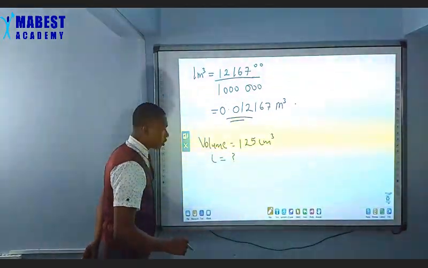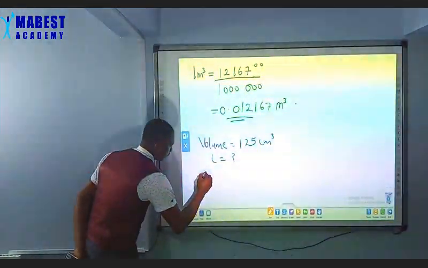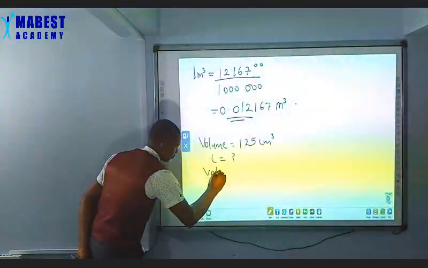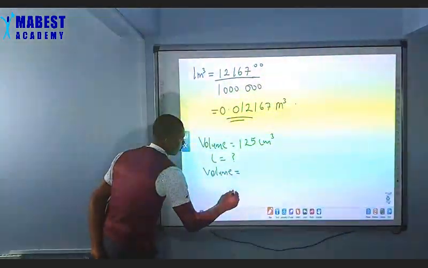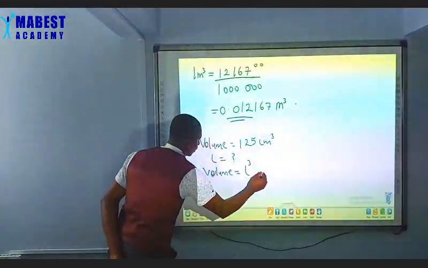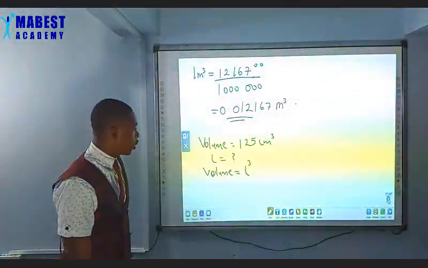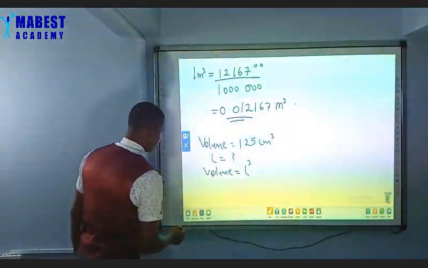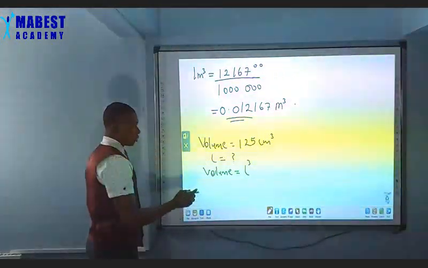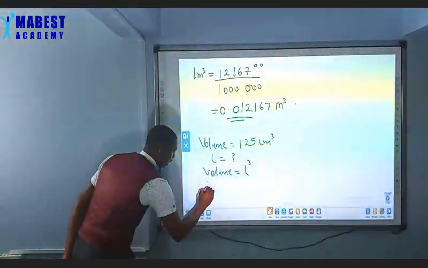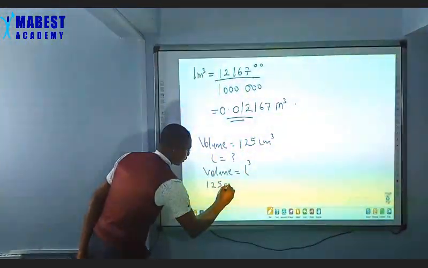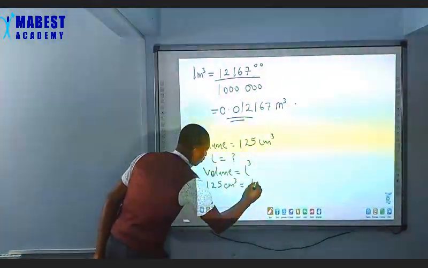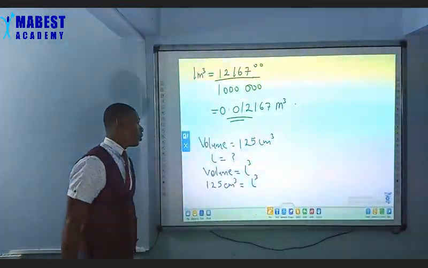The volume is equal to L cube. Emmanuel, what will be the next step? Yes, you substitute. Therefore, it means 125 centimeter cube is equal to L cube.